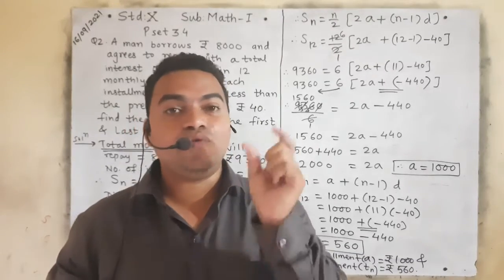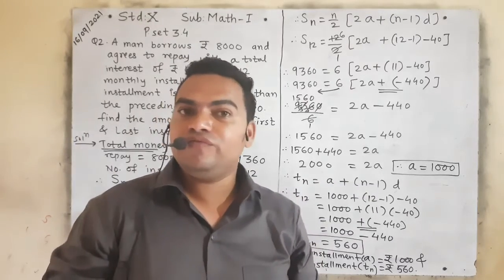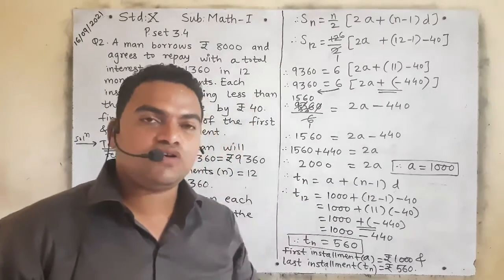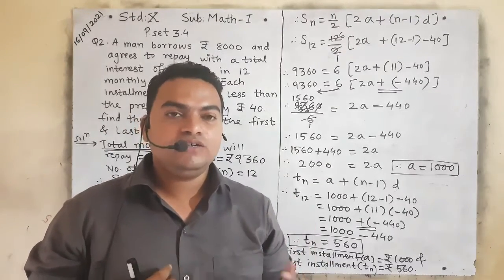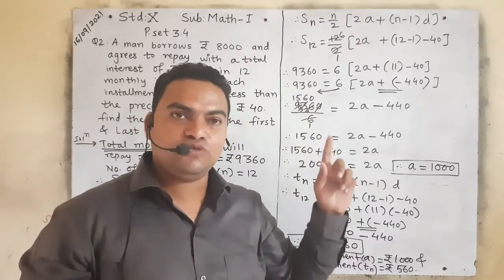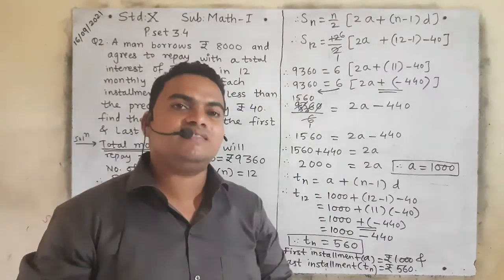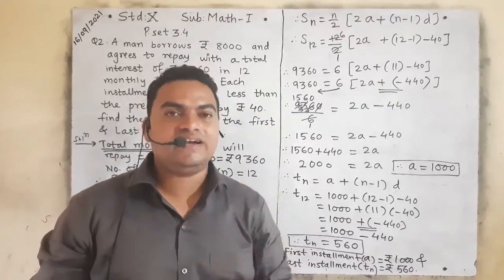A word total came, so here we will utilize SN, right? The sum of the total number of installments is already given. Means the total amount I have to pay to that particular man from whom I have borrowed 8,000 rupees, and with interest 1,360 rupees, I will pay in total 9,360 rupees.